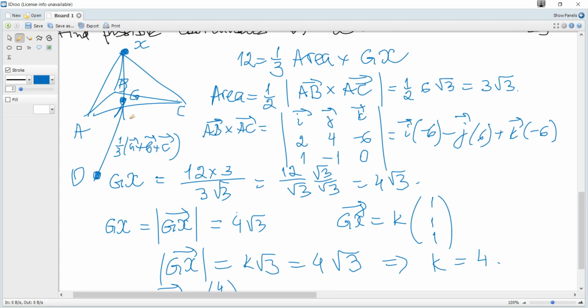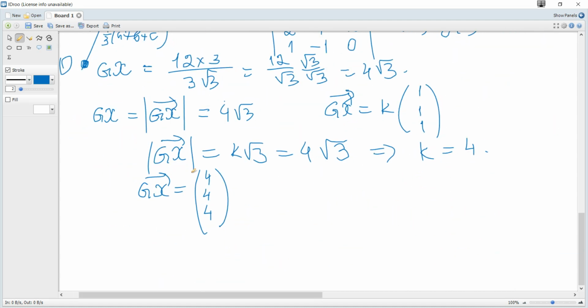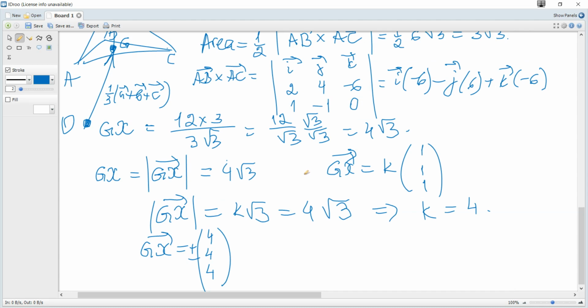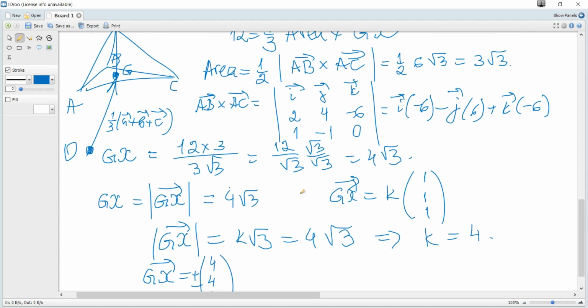But it may be above the triangle or below. So in general, we can consider plus minus, to take into account the two possible directions.